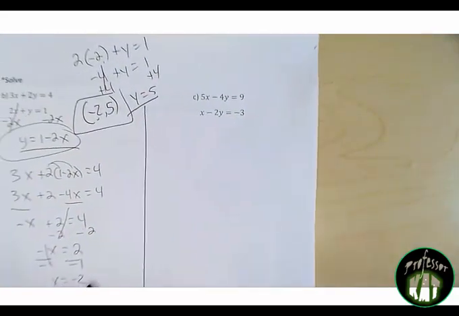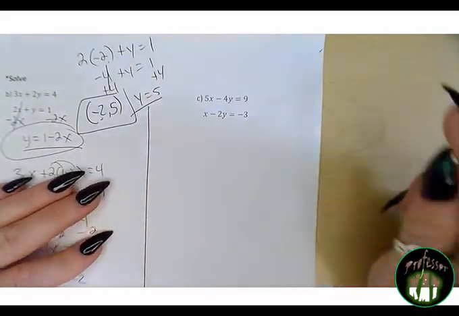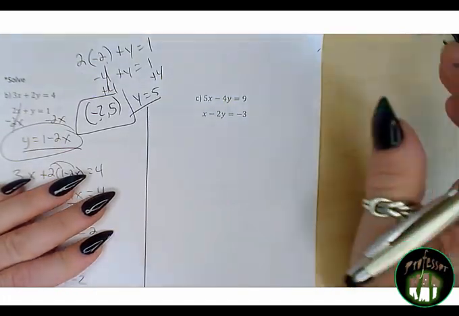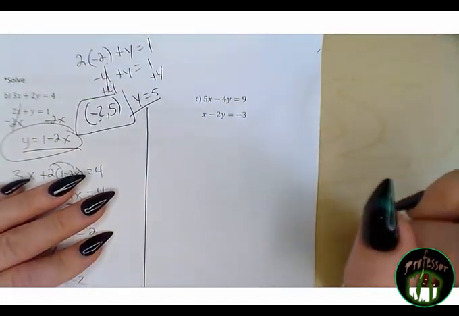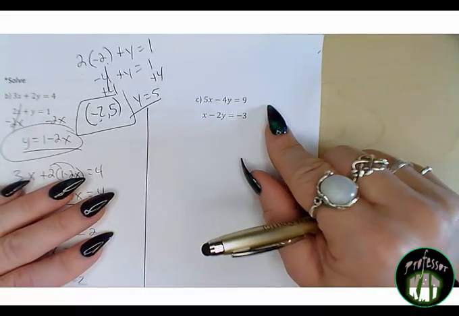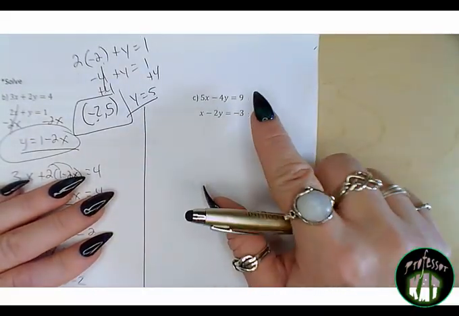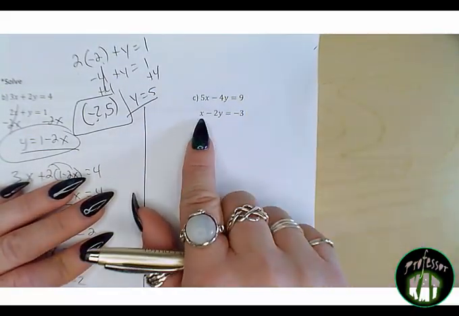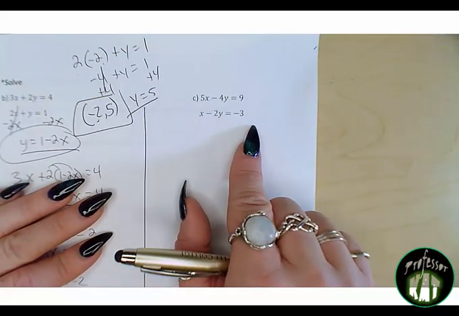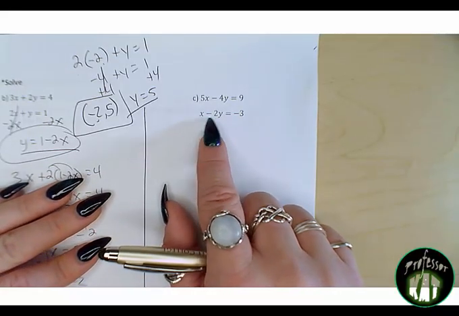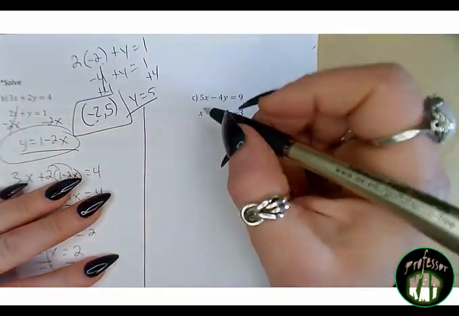Let's try that again. Looking at this next example here, you want to choose one of the equations that has a variable with a coefficient of 1. That would be the bottom equation, variable x. So we want to solve this equation for x, so we want to get rid of everything else.